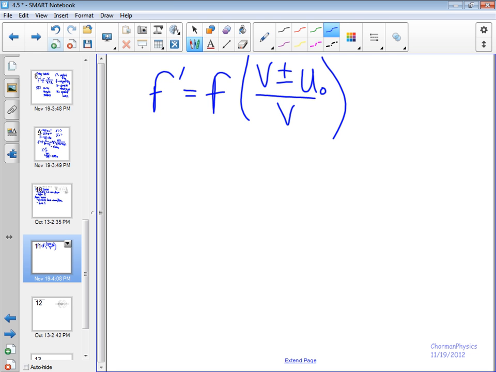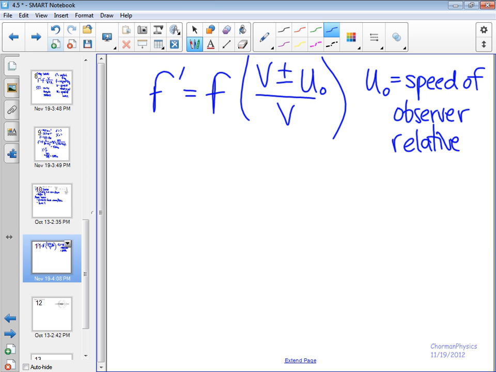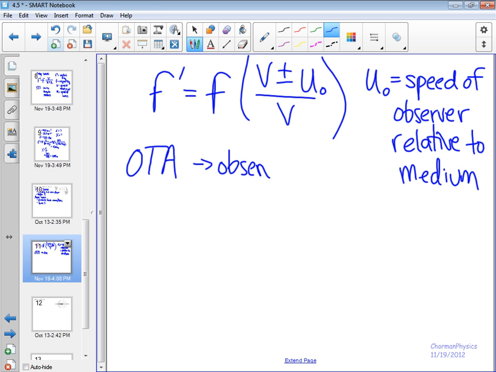Here, u naught is the speed of the observer relative to the medium. Again, a little mnemonic to help remember which one is which.